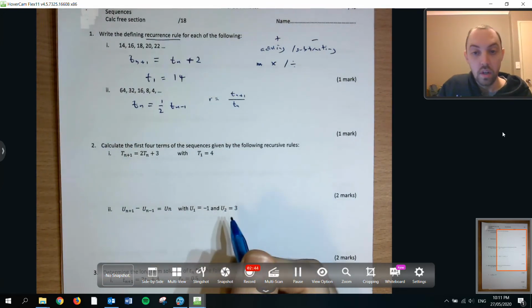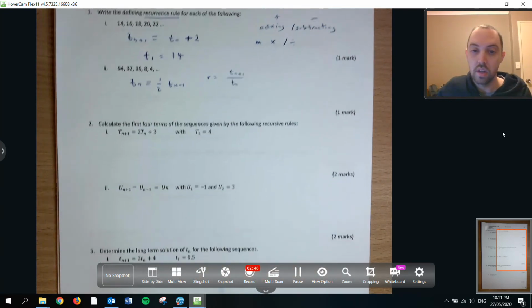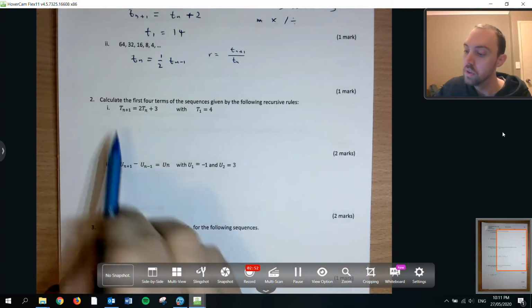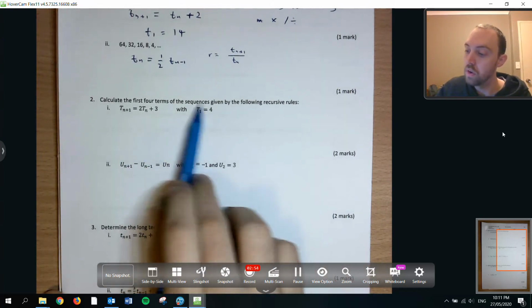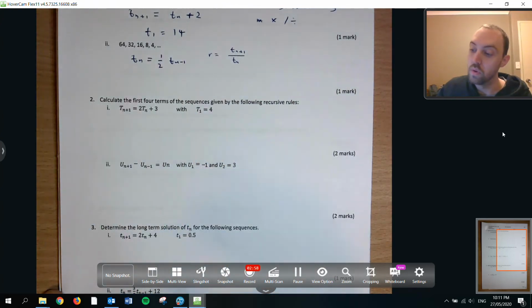Anyways, question 2. Calculate the first 4 terms of the sequence given by the following recursive rules. So again, we've got a recursive rule, we've got our first term, so really we only need to find 2, 3, and 4.